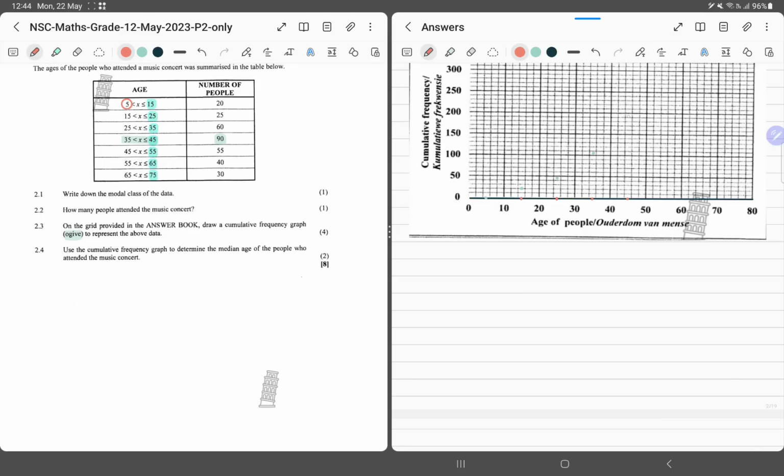So 195 is here. Make sure, guys, you don't mess up. Make sure you don't mess up because you have to use the grid they asked you to use, ne? Otherwise it's easy to do your own thing.